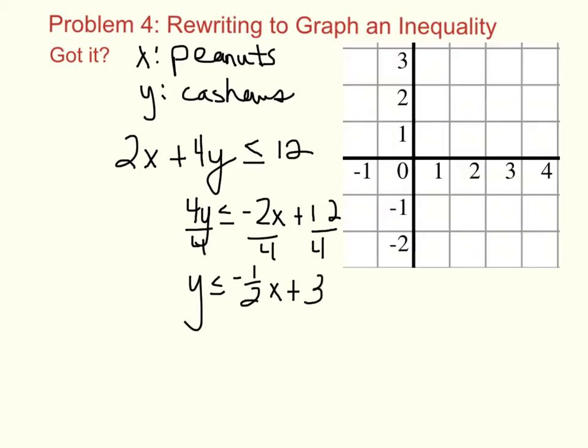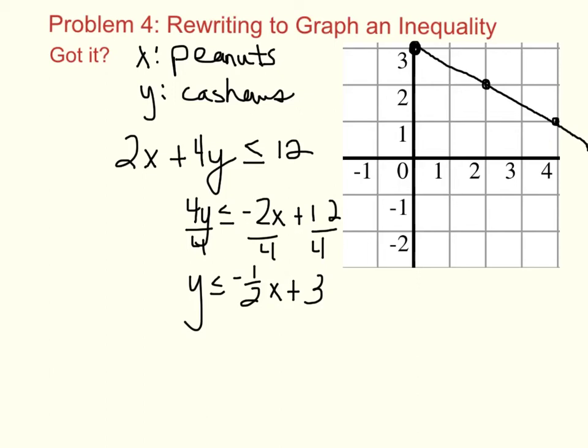And then if I graph it, I have 3 right here, and down 1 over 2, down 1 over 2. Now, because I can't have negative peanuts and cashews, you're not going to have arrows on either side. So, here is what my graph would look like.